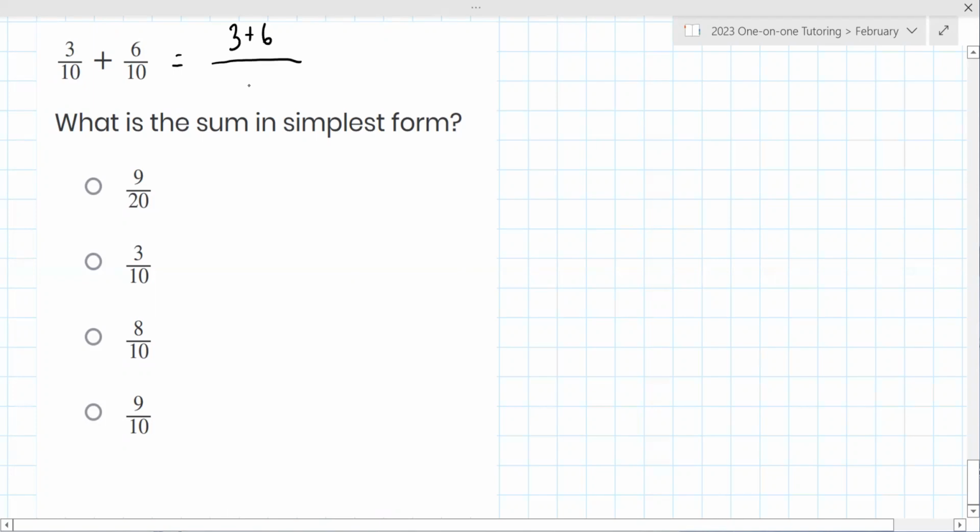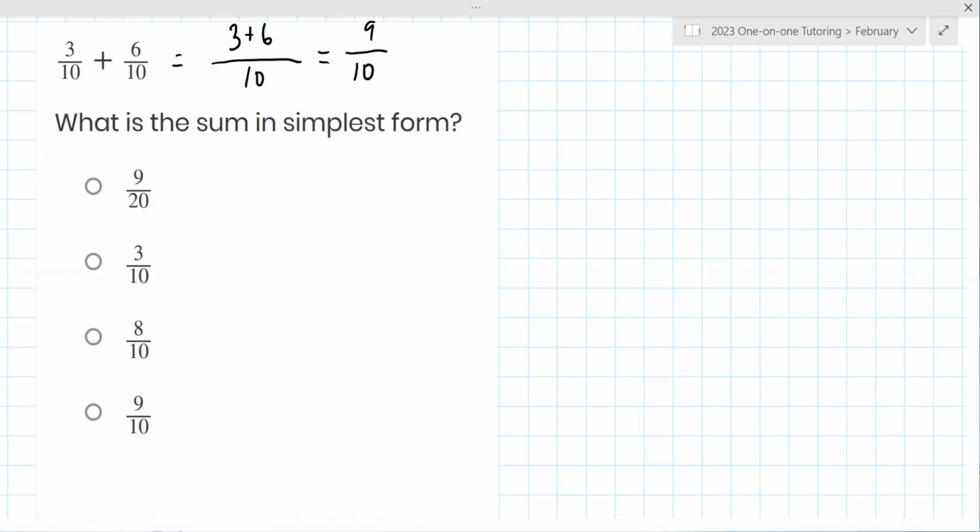What is 3 plus 6? 9. And what's the bottom number? 10. Good. So which is the correct answer? All the way the bottom one. The last one there. Good.